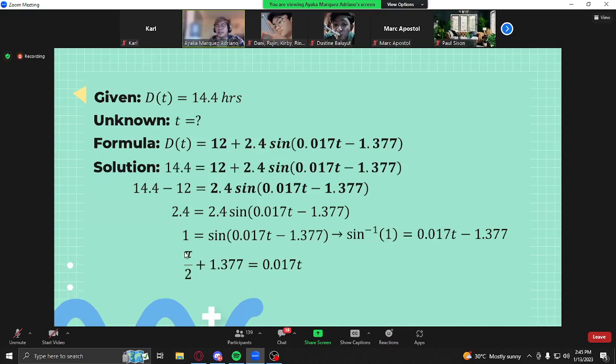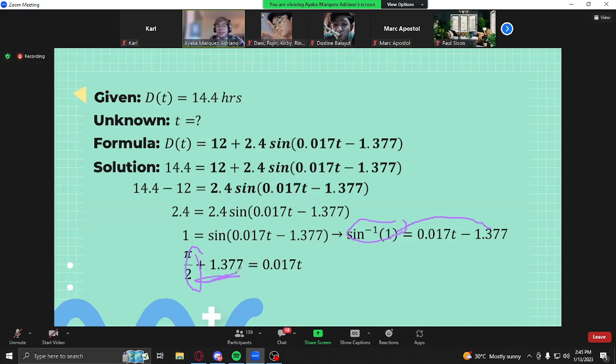That is pi over 2 plus 1.377 is equal to 0.017t. So, una, i-evaluate nyo muna ito. Ang value niya ay pi over 2. Tapos, i-transpose ninyo itong negative 1.377 sa kabila.